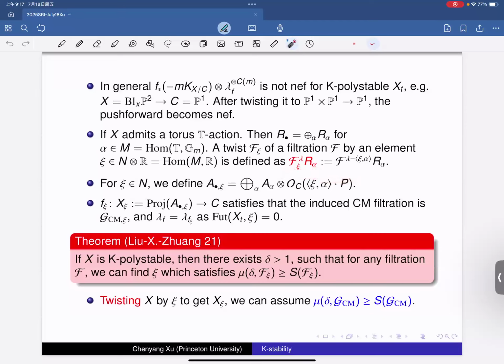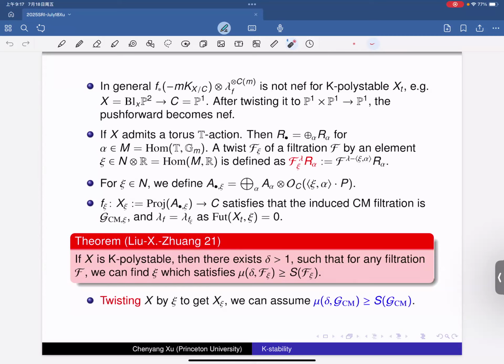I think this was mentioned in Sab's talk. So you can twist your filtration, and also for xi, xi now lives in the dual of the weight space, so it's a co-weight. But sometimes we also think about the tensor R, so the real vector coefficient case. That's basically just the vectors on the torus.